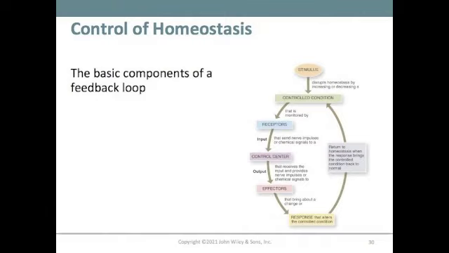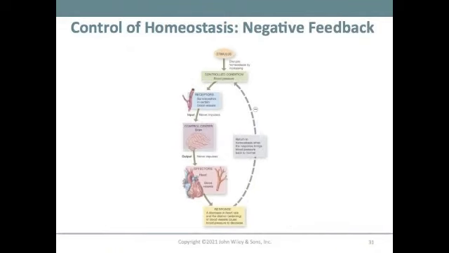And then the effectors are the things that bring about the change. That creates a response that alters any controlled condition. And then it loops back around to homeostasis. So that's really just a basic, generic version of a feedback loop. But let's look a little closer at feedback loops. As I said, negative feedback loop.